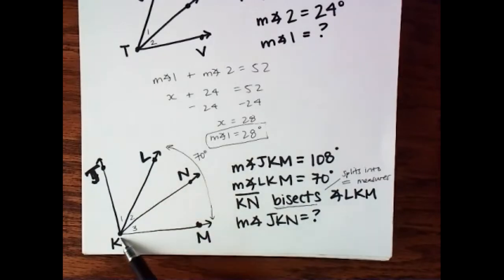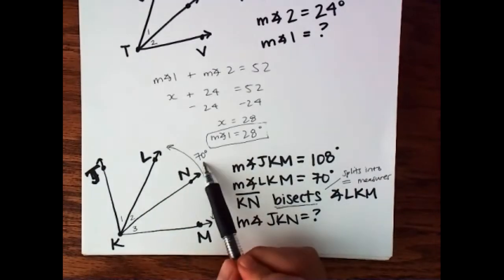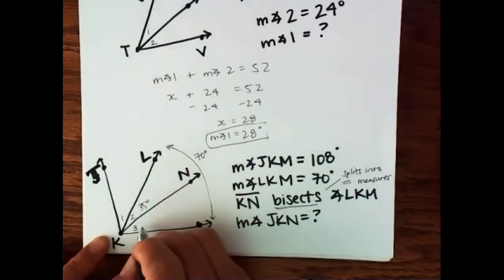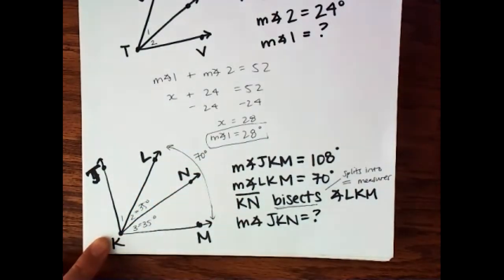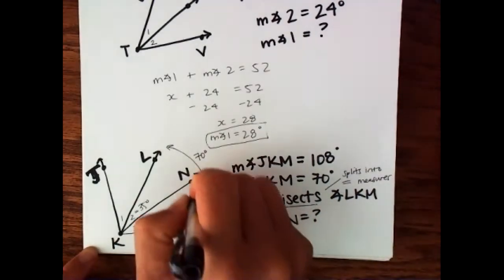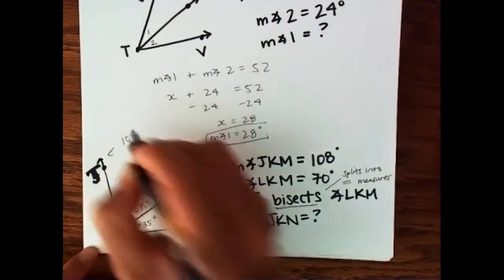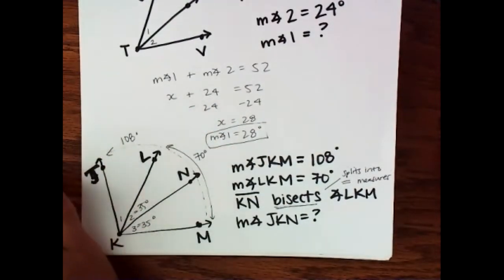So now you would just say 70 divided by 2, and you'd get 35 as the value of angle 2 and of angle 3. Then when we want to solve for JKL, you just say, okay, well, I know my full angle is 108, and I know that these two smaller angles are 70. So you could just subtract the values of 108 and 70 and get 38.